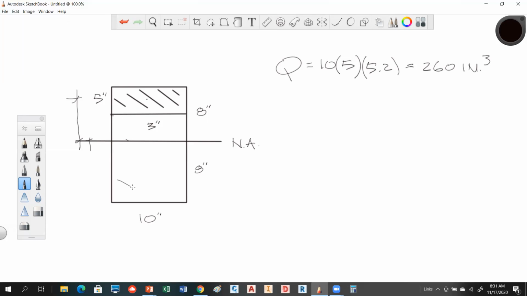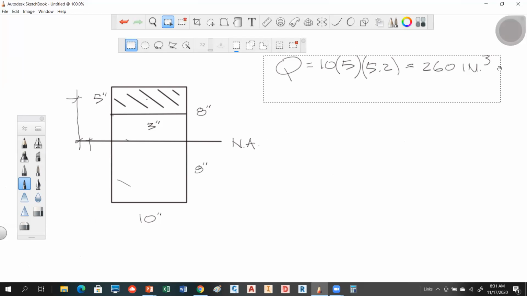If you have your book, at the back of your chapter on page 413, they show you an equation for shear stress that is different than the shear stress that we're looking at. So I'm going to go through that derivation for you. And this only applies to rectangular cross sections. But it is very convenient when you have a rectangular cross section because it's a lot simpler than using the other equation.